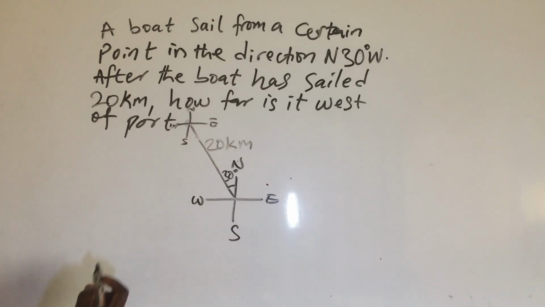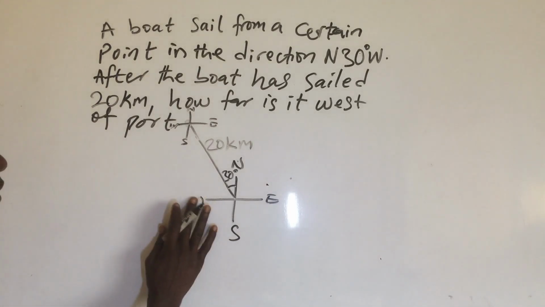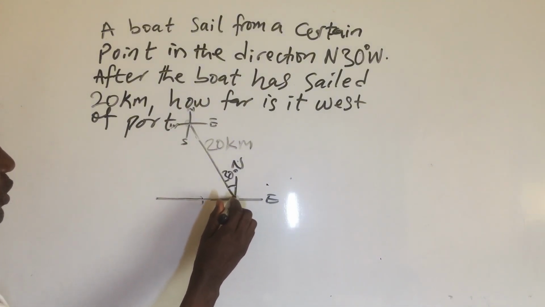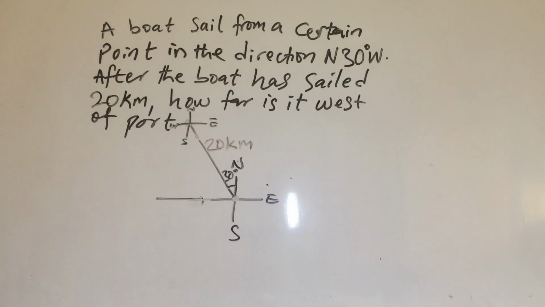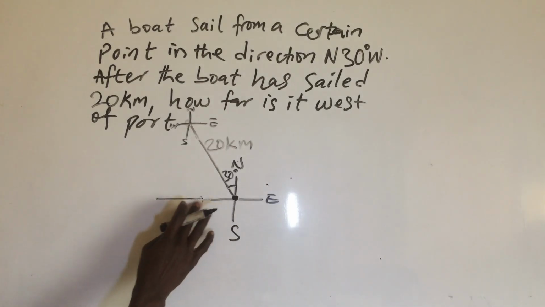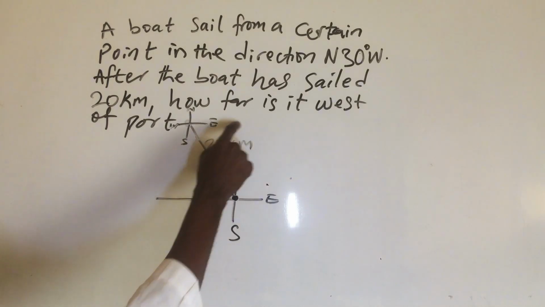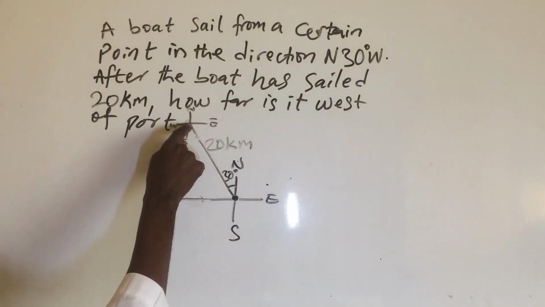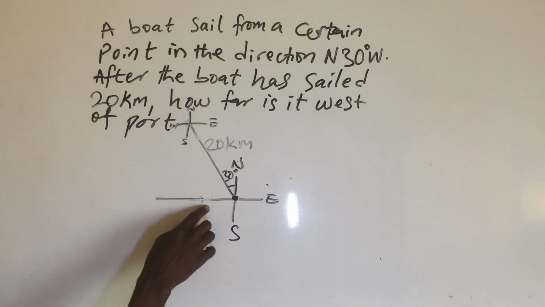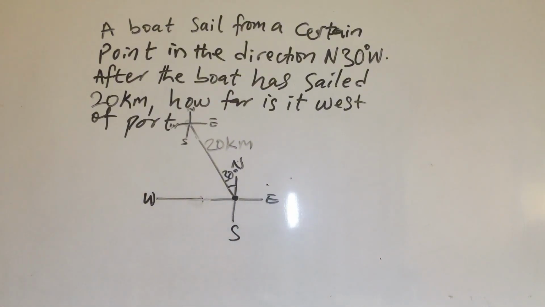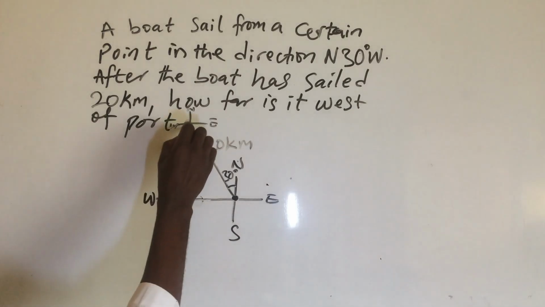Remember that they are asking how far it is from this west to the port, which is at this point, because that is the point we are talking about. How far is the boat from this west side to the port, which is here? And the boat is here.